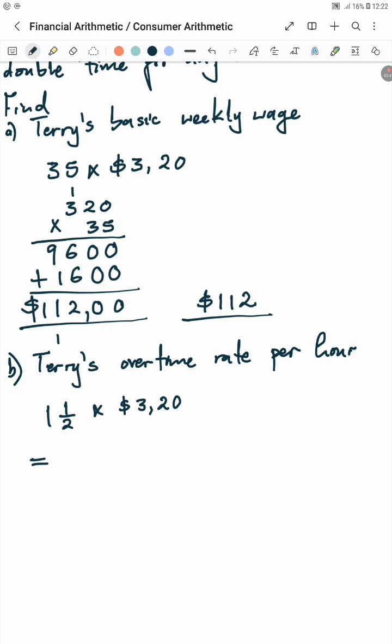So here we can say 3/2 times, here we can put it in cents, right, like that.